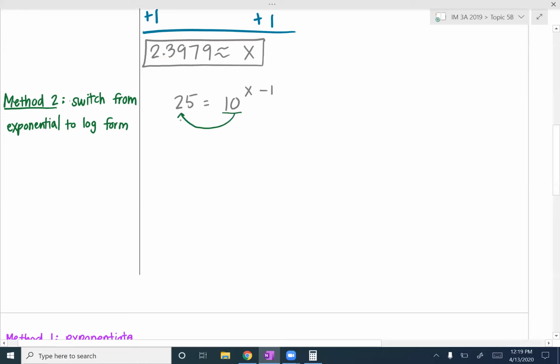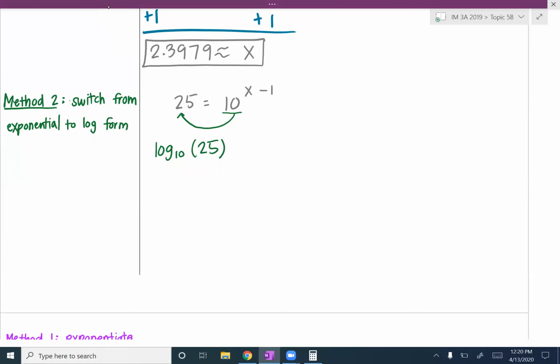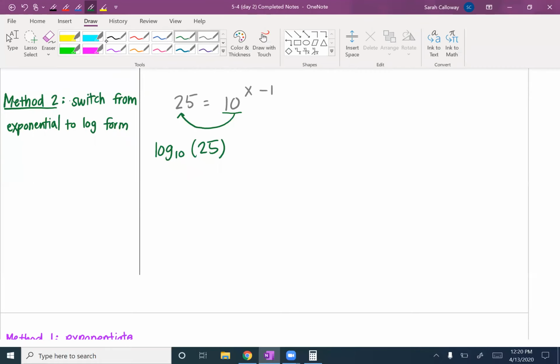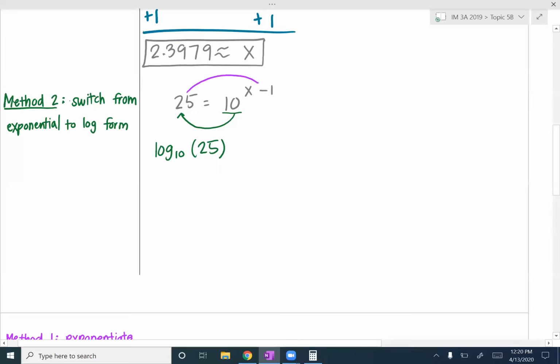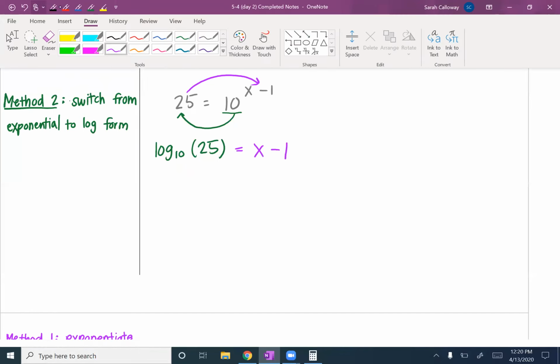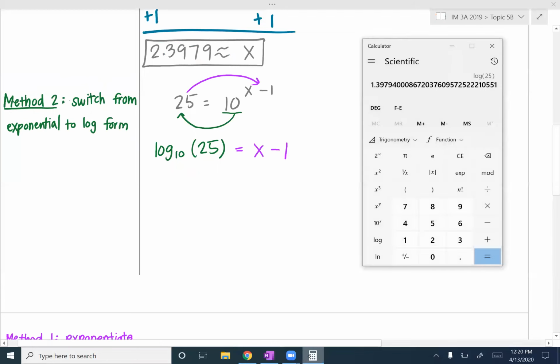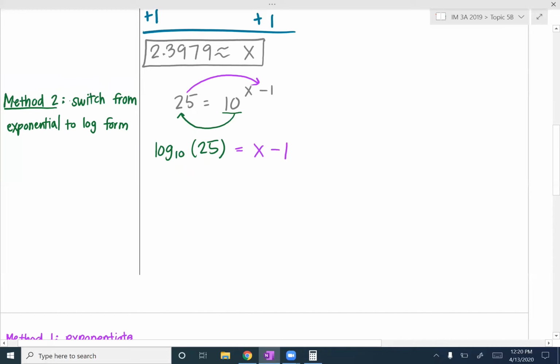So I'm going to switch this to have that log base 10 of 25 is equal to x minus 1. So log base 10 of 25, remember that that's a value that I can find in my calculator, which we already did. So that's the common log of 25. So we have the 1.3979. So remember this, I can ignore that 10 because it's the common log.